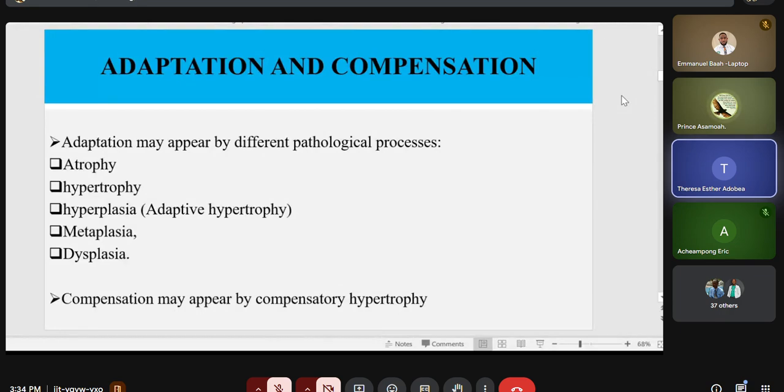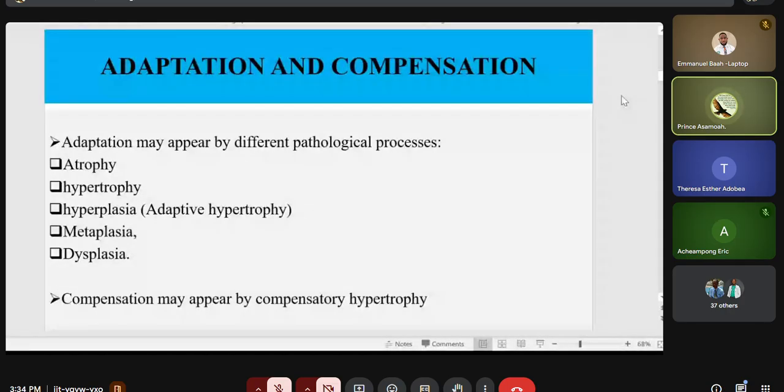You are going to understand a lot of the terms that doctors use when they are describing diseases. You can find a term relative to adaptation called hyperplasia.